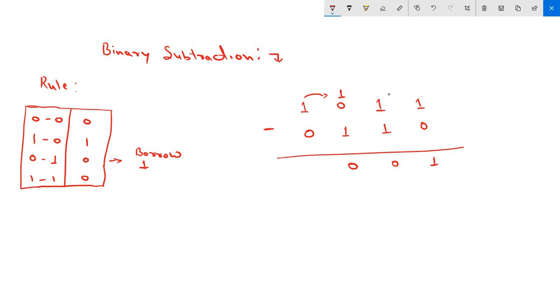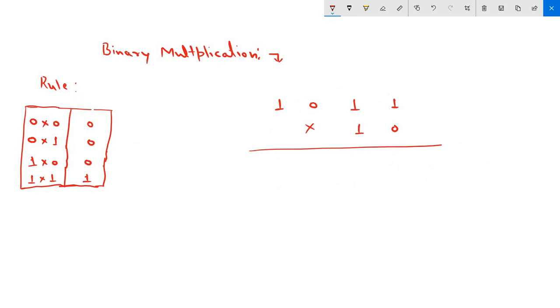So here 0 is left, because after the borrow here 0 is left, so 0 minus 0 equals 0. Okay, so this is the answer of binary subtraction. I hope you understand how to do binary subtraction.